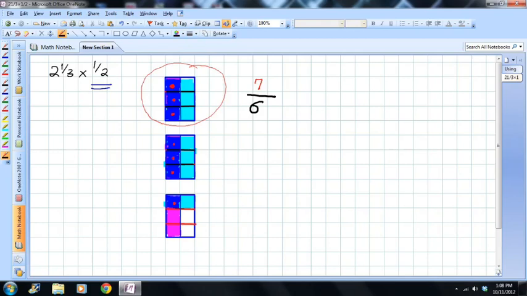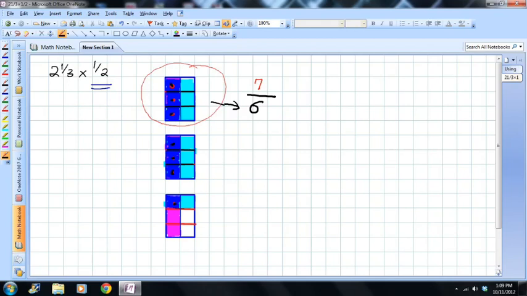One whole rectangle has 6 parts to it. Now, I have 7 overlapping sections, 1, 2, 3, 4, 5, 6, 7, where one rectangle is broken up into 6 parts.